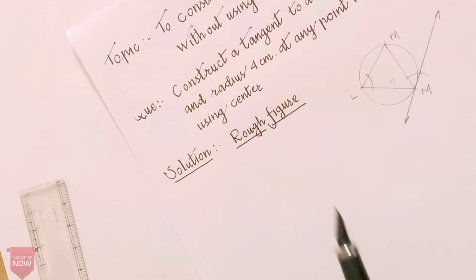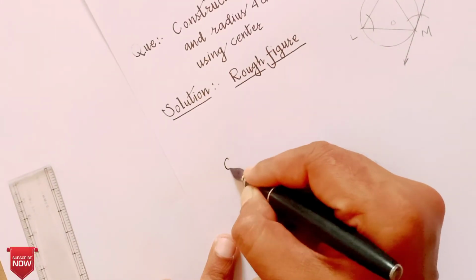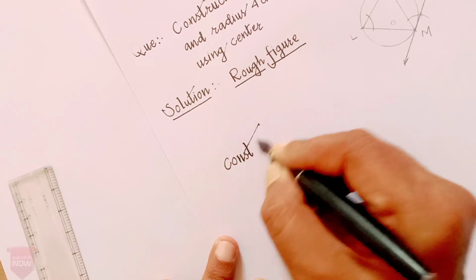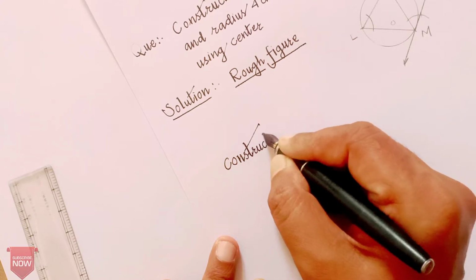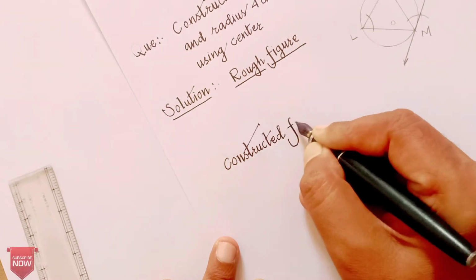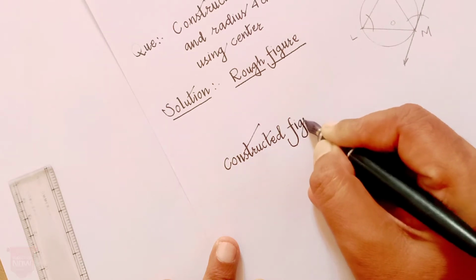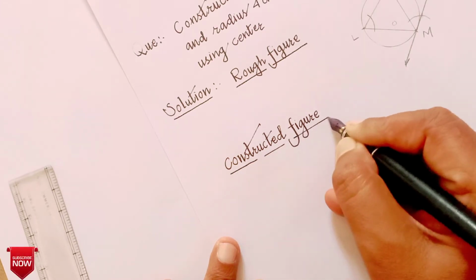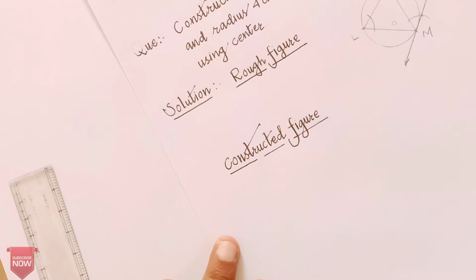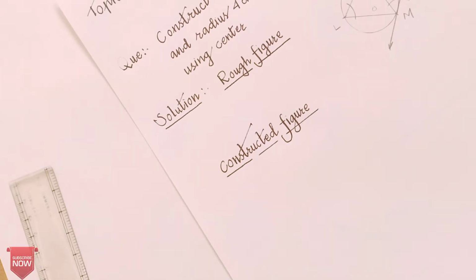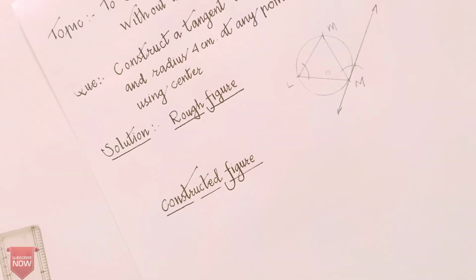Now you see here the constructed figure. So for that we have given 4 centimeter radius.